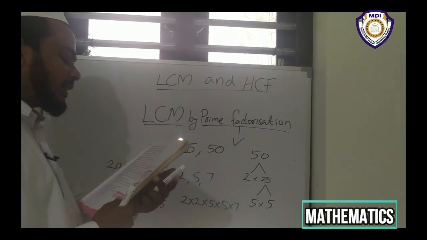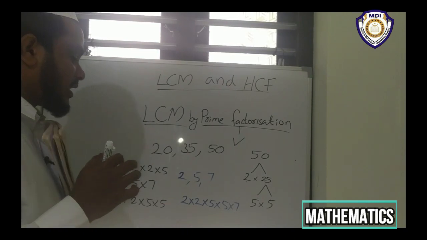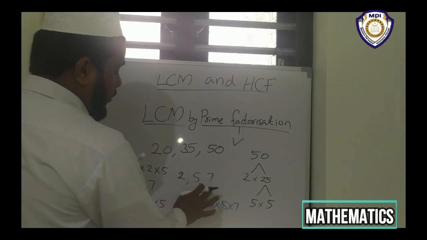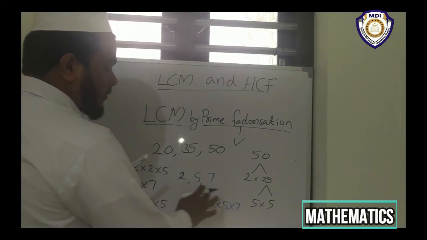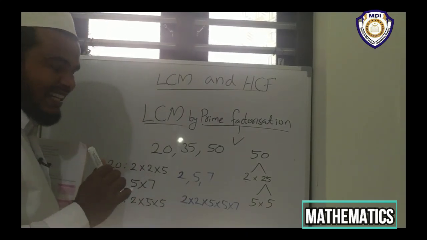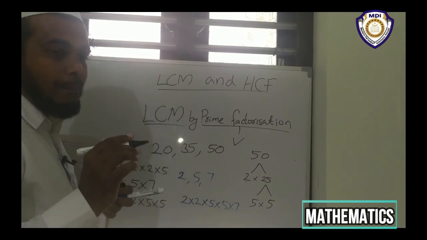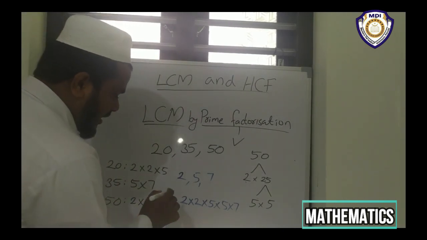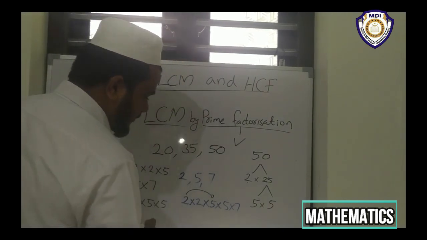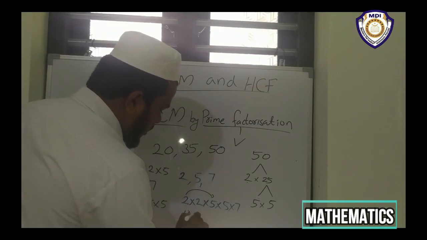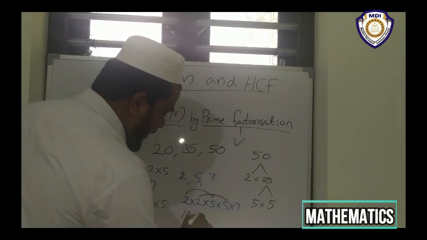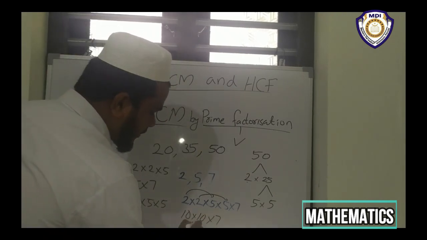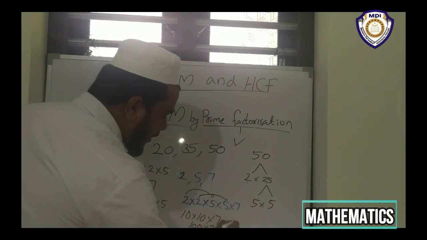We multiply each other, then we get the correct answer. 2 into 5, 10. 2 into 5, 10. It is simple; we have studied the properties of whole numbers. 10 into 10 is 100. 100 into 7 is 700.